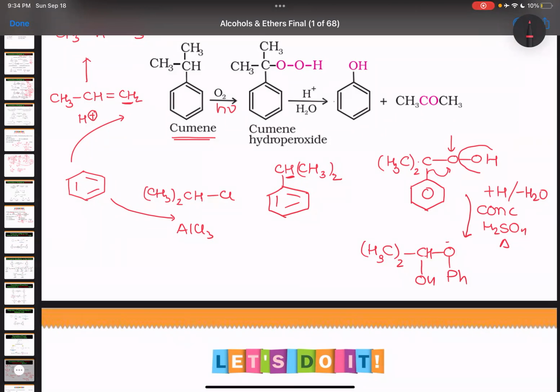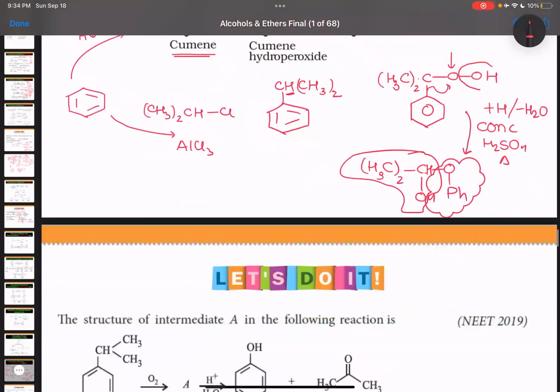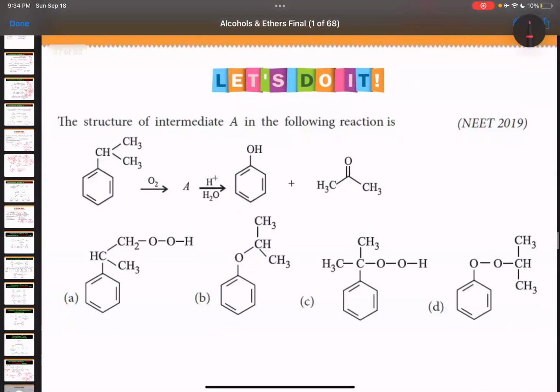And this whole thing again breaks into phenol and acetone. Okay, this is acetone, the left portion, and the right portion is phenol. So many questions are asked on the byproduct. These come in all the examinations, very common, very important.